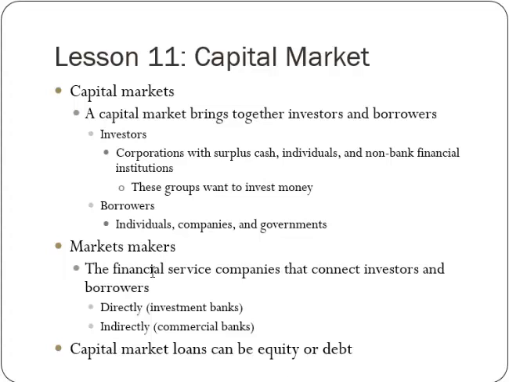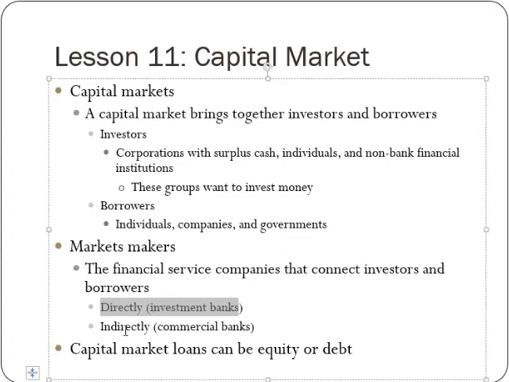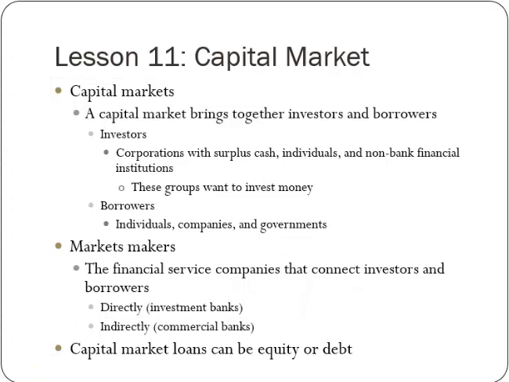And the market makers, in other words, the ones who actually set up the market and run the market, are the financial service companies. You have those that service borrowers directly, which are investment banks, or indirectly, which are commercial banks that give loans to companies. Investment banks are people who actually sell and buy things like currencies and financial products that are relevant to currencies.